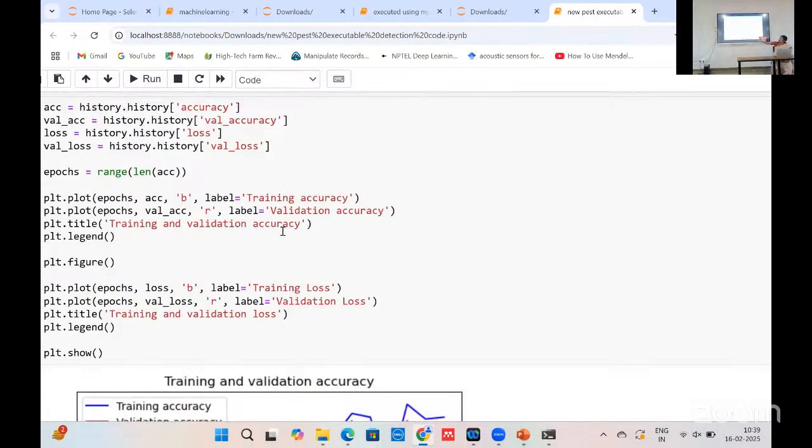Here you can see I am trying to get the graph between the training data set, whatever model I want to develop. I need a graph comparison. I need performance metrics.